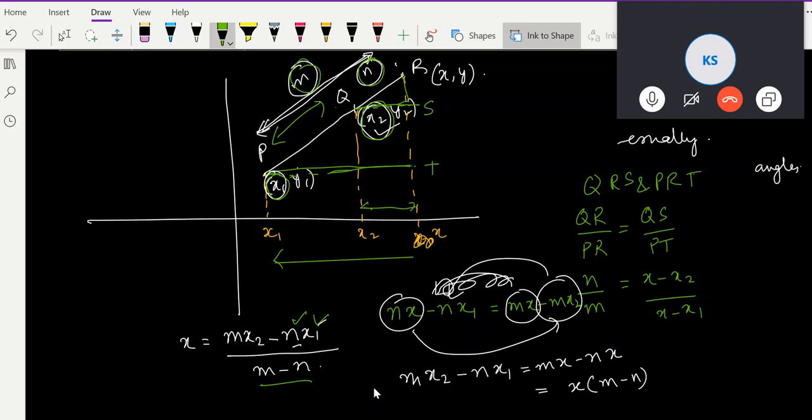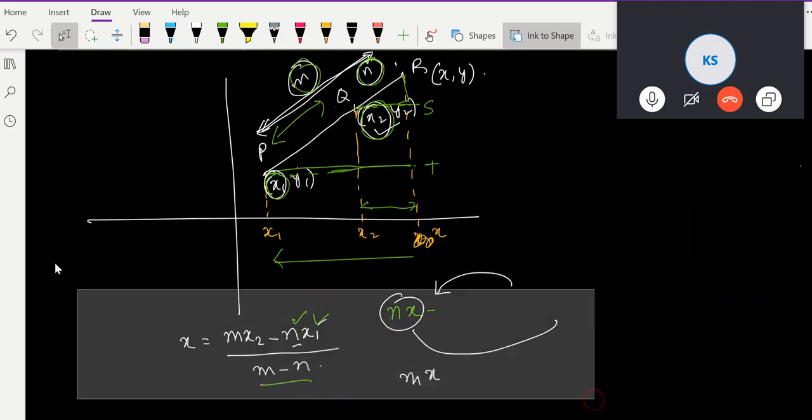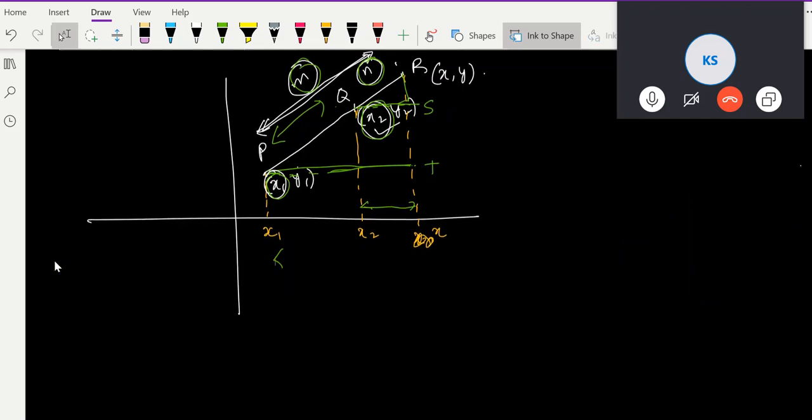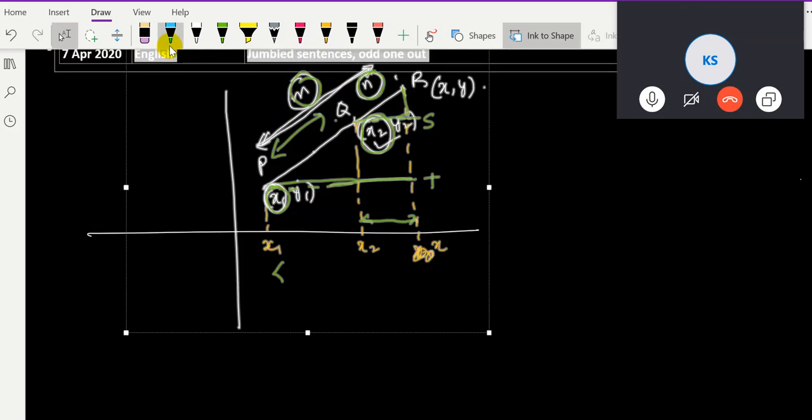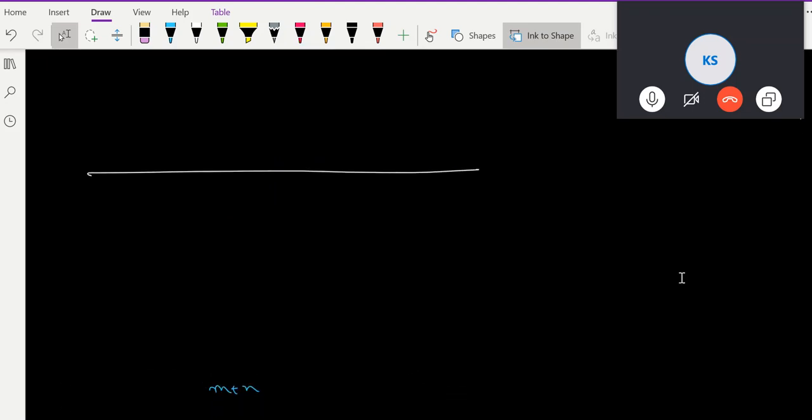Now, sometimes in your exams, you might be given this problem the other way around. So they might give you the points like this.